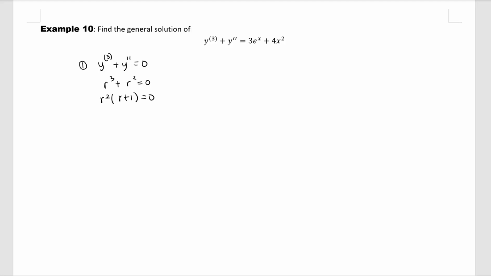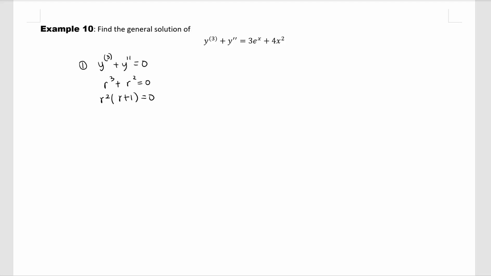Then you can either factor it or use the quadratic formula to find the remaining 2 roots. If you have a degree 4 polynomial, you use the rational root theorem to find 2 roots, and then you can divide out that factor to get the remaining quadratic factor, and then you can either factor it or use the quadratic formula to find the remaining 2 roots.